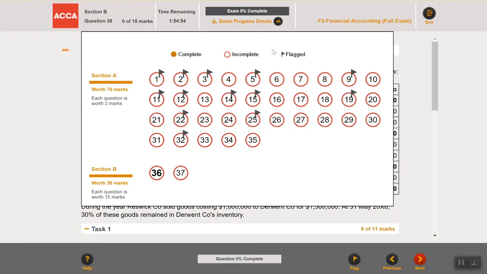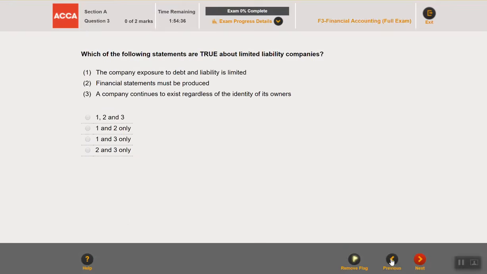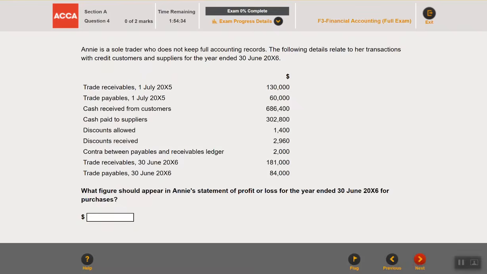Okay, if I click here now, all the questions that are flagged are theoretical questions. So we have 1, 2, 3, 4, 5, 6, 7, 8, 9, 10, 11, 12, 13. 13 theoretical questions. Let's see if we have a question unmarked, which is theoretical.